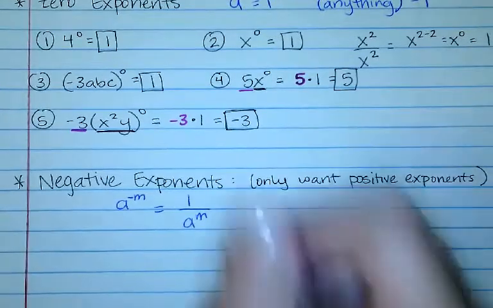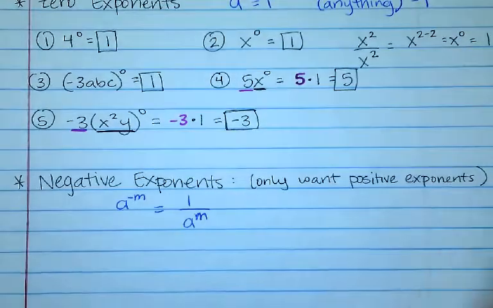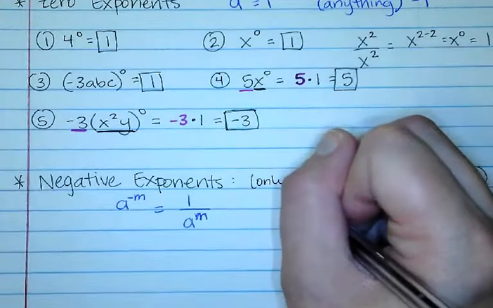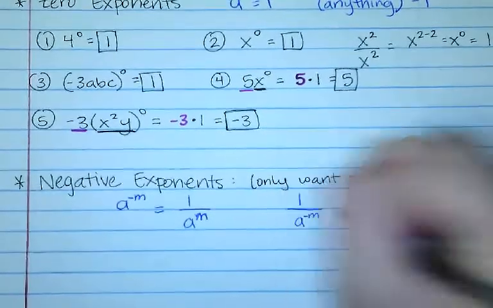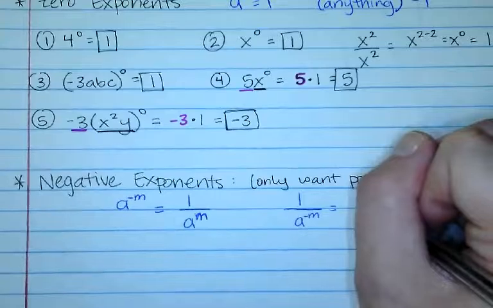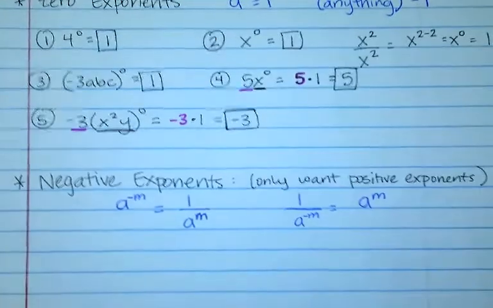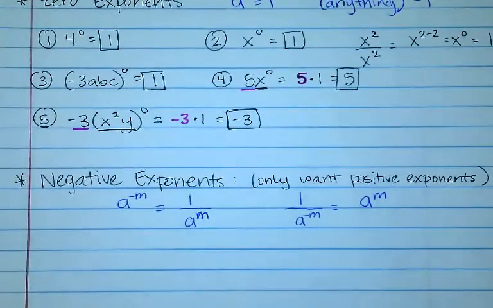And another way that we can write this, we can write this two ways: 1 over a to the negative m is equal to a to the positive m. Okay, guys? It could turn us into decimals here, but we want to keep it as a fraction.